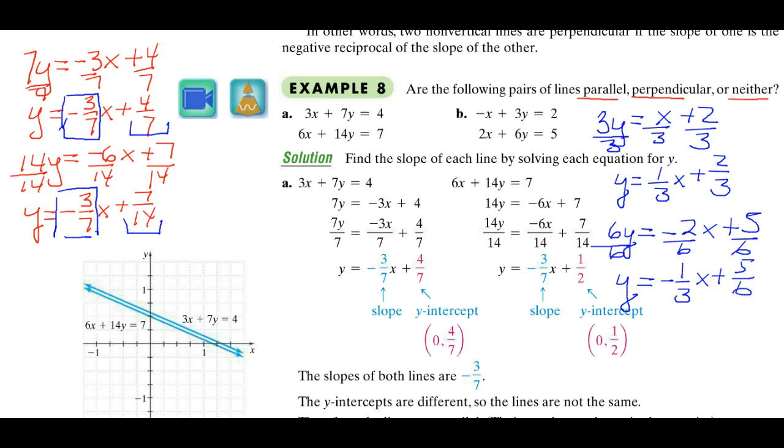I now compare my slopes. This is a negative 1/3, and this is a positive 1/3. Now if you multiply these, you get a negative 1/9. Is that a negative 1? No. So this one is a neither.